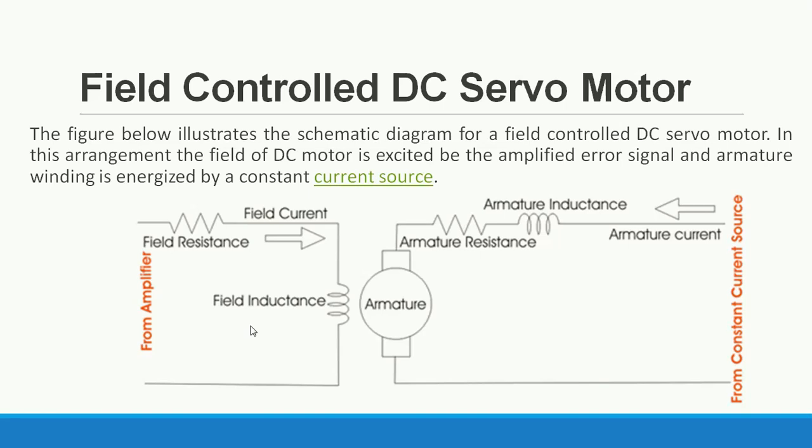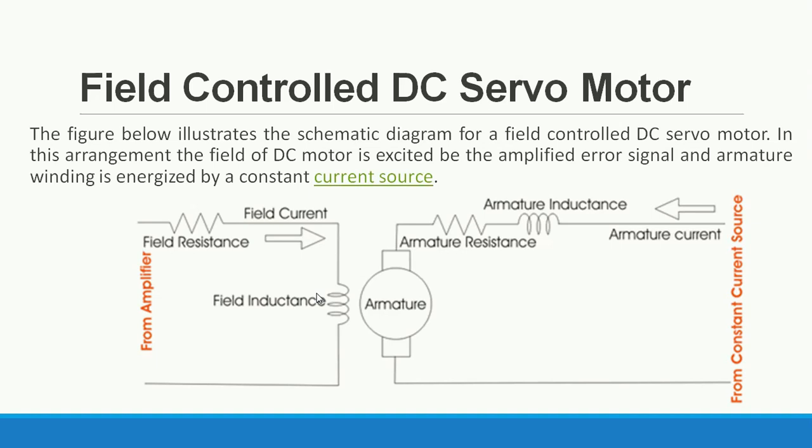In this arrangement the field of the DC motor is excited by the amplified error signal, and the armature winding is excited by a constant current source. So this is the arrangement of your DC servo motor, field control type.